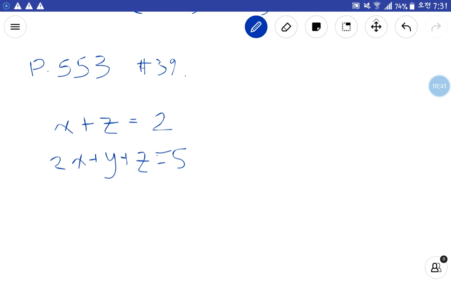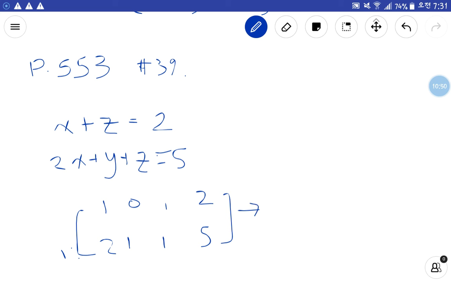So this time, we would reduce to row echelon form. So I would do x and z. So we don't have any y. You are going to replace it as a 0. 1, 0, 1, 2. 2, 1, 1, 5.